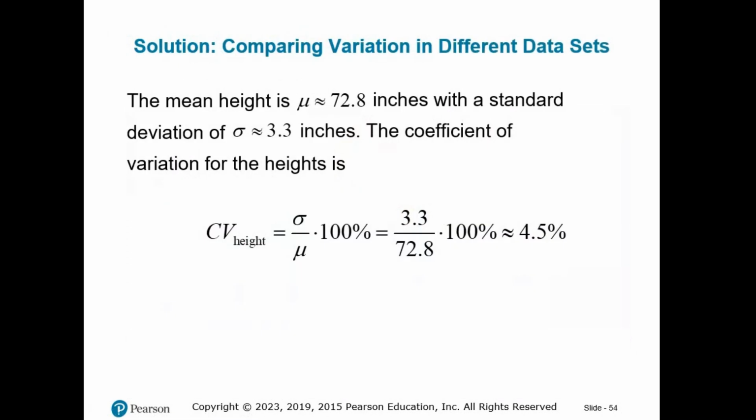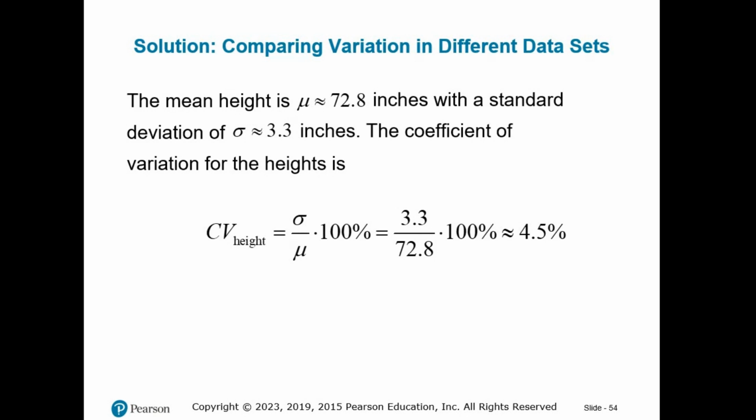The mean for heights is 72.8 inches with a standard deviation of 3.3 inches. We can now find the coefficient of variation by dividing 3.3 by 72.8 and multiplying by 100%. This gives us 4.5%. The CV for heights is 4.5%.